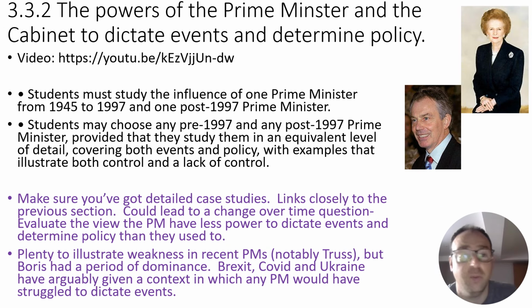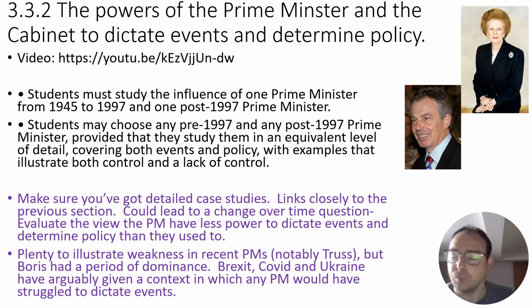So the next one, 3.3.2, the powers of the Prime Minister and Cabinet to dictate events and determine policy. So students must study the influence of one Prime Minister from 45 to 97 and one post-97 Prime Minister. So in terms of non-current ones, I tend to use Thatcher and Blair as the big two on this.